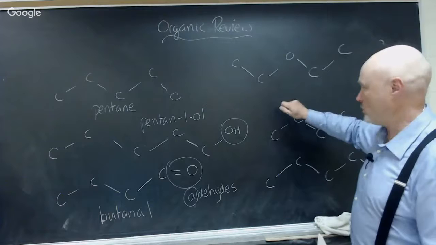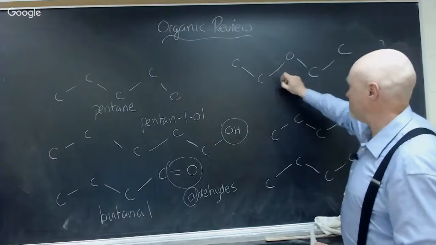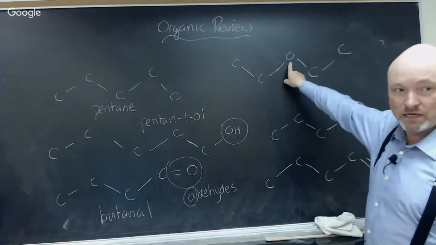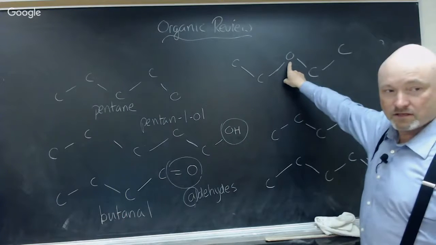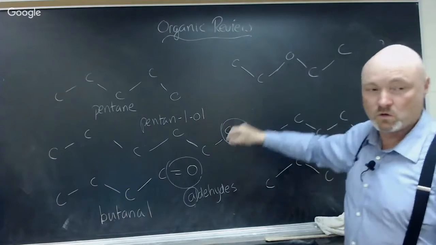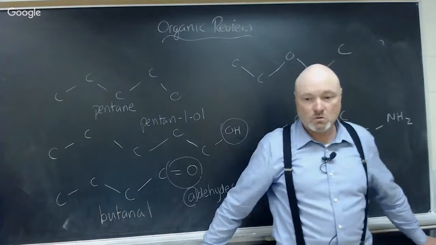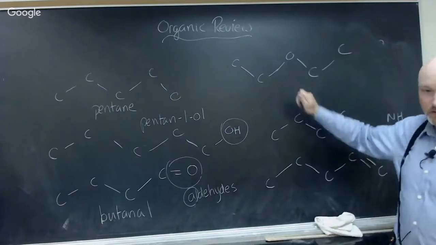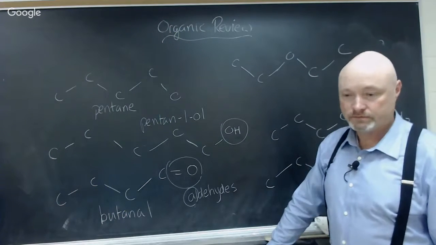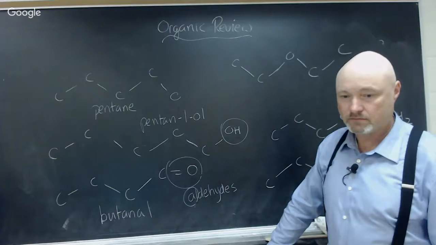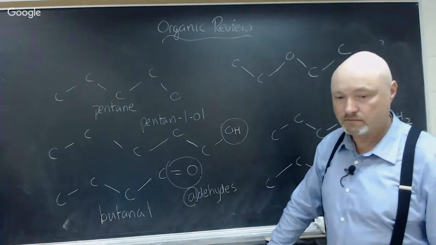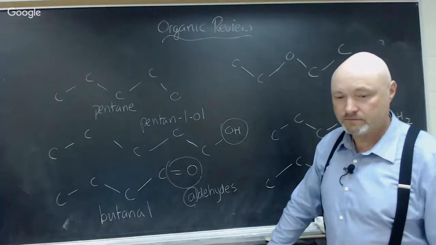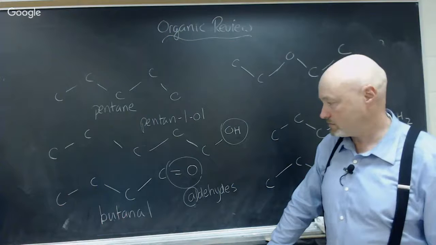Yep. Okay. So here's an oxygen right in the middle of this one. What functional group does this belong to? If there's an oxygen in the middle, is it a ketone then?